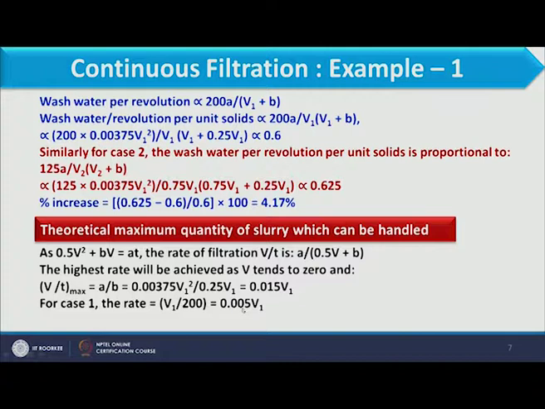The highest rate of filtration is 3 times more than the present rate, and therefore the maximum slurry that can be handled is 3 times more than that used for case 1. For case 1 it was 5, so now it should be 15. Hence the limiting rate is 3 times the original rate, and the maximum slurry that can be handled is 15 kg per second.